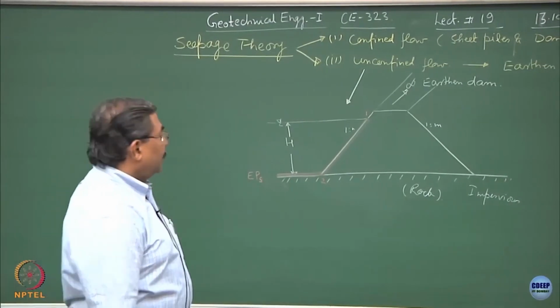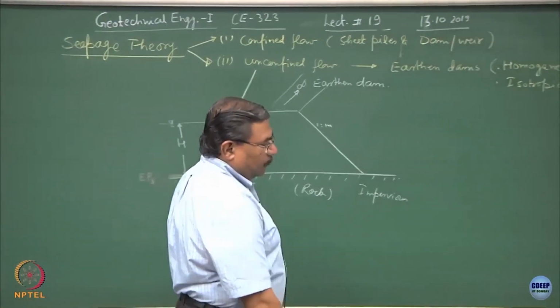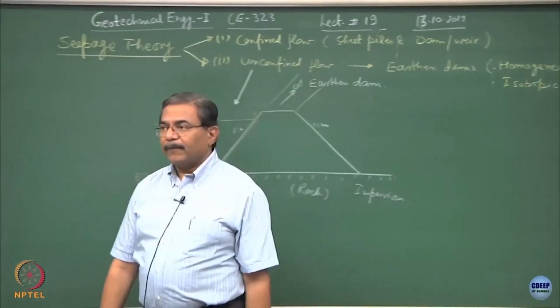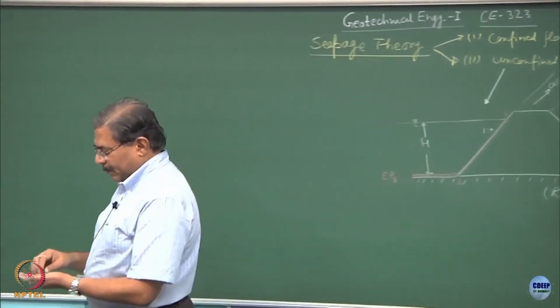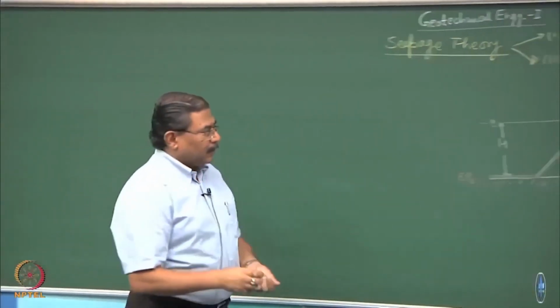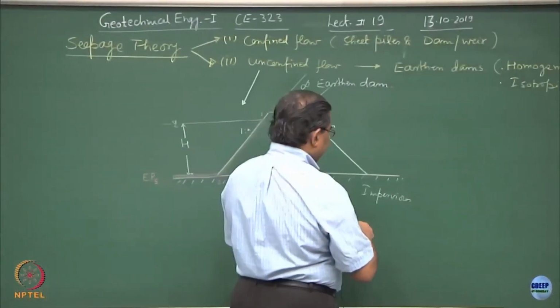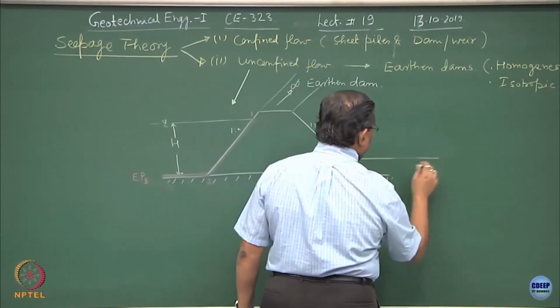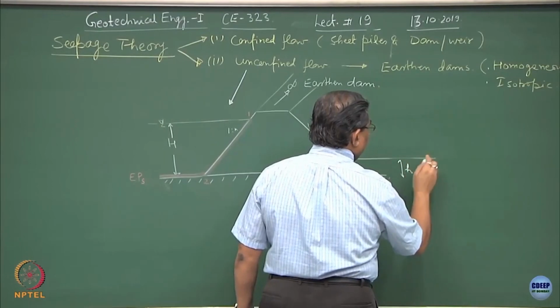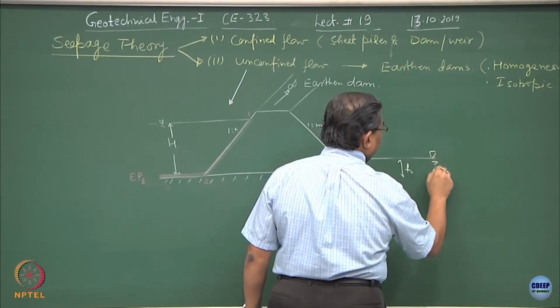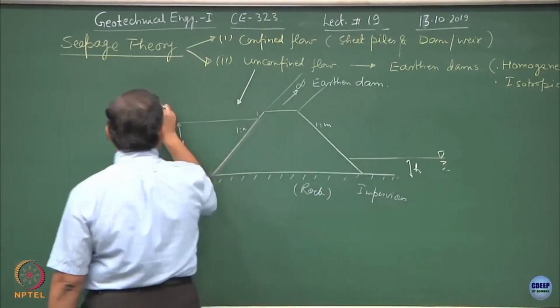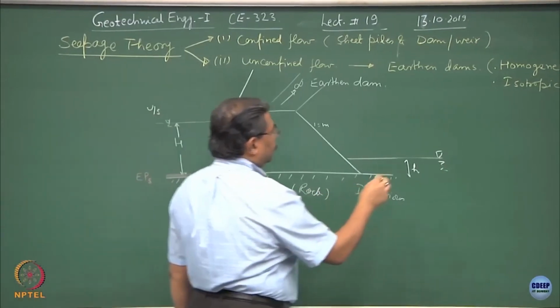Can you tell me where the flow line would be? Similarly, on the downstream side, if I say that this is the height of water which is being retained, so this is the upstream side, this is the downstream side.